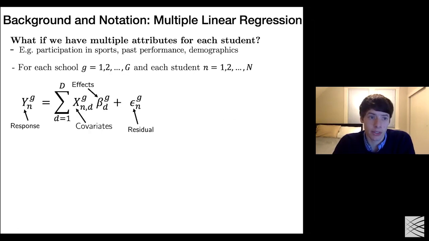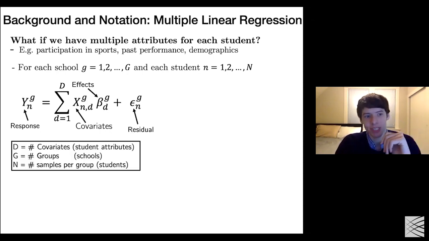And in this situation, we can expand our model to now have our response for each student in each school as depending on a sum of effects for each of these covariates, again, plus this same residual epsilon.